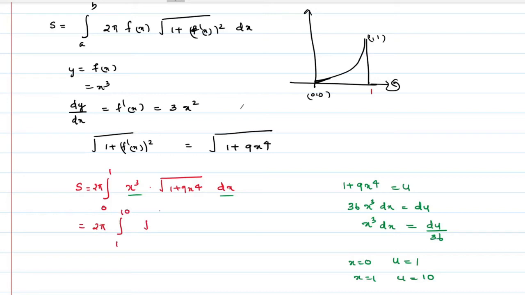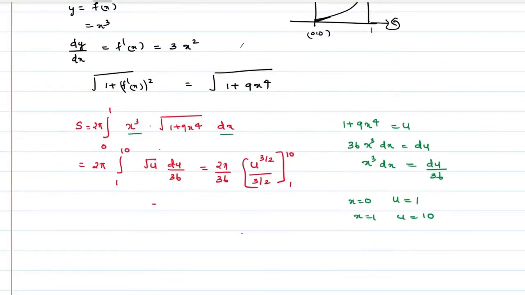Root u, x cube dx we replace with du by 36. In the integration, that is 2 pi by 36 into u raised to 3 by 2 by 3 by 2, from where to where? 1 to 10.